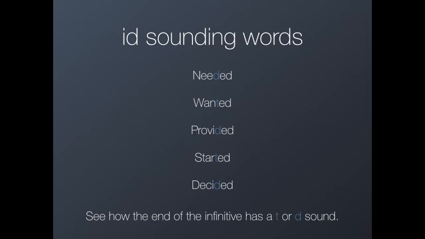And you may have noticed that some actually end in an e, such as provide or to decide. This is why I'm saying listen out for the sound, not the letter, because the e is silent in decide and provide.